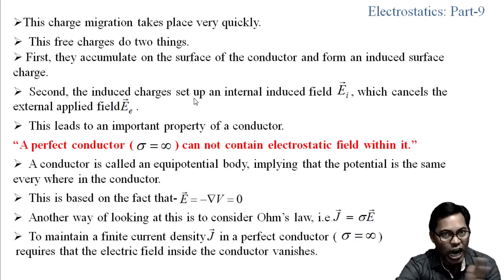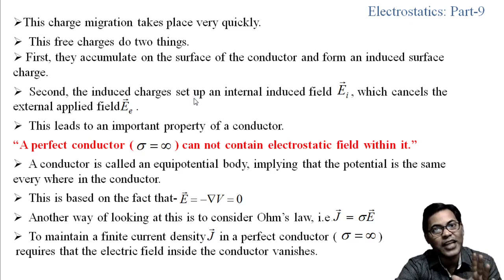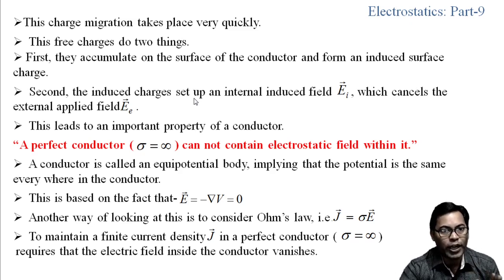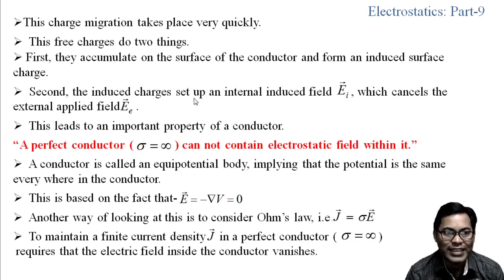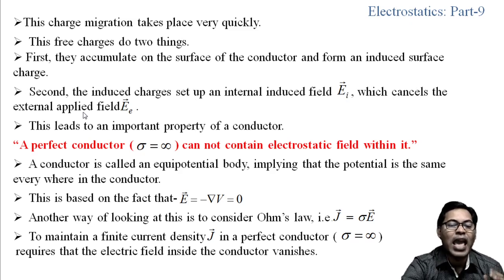This charge migration, positive and negative, takes place very quickly, and these free charges do two things. First, they accumulate on the surface of the conductor and form an induced surface charge. Second, the induced charges set up an internal induced field EI, which cancels the external applied field EE.